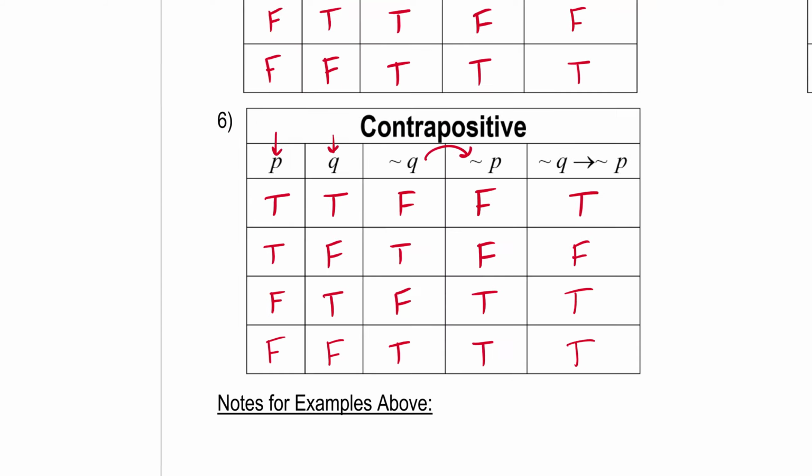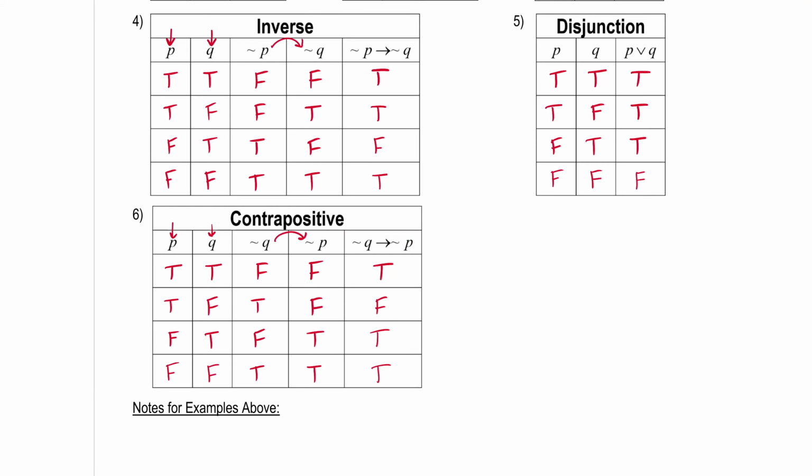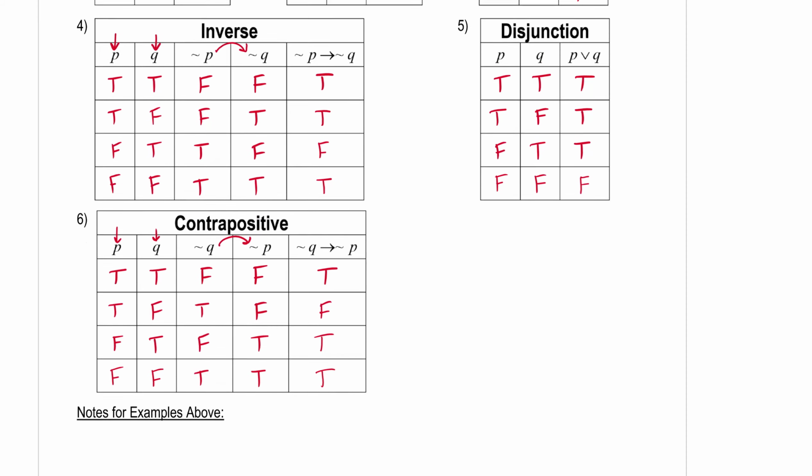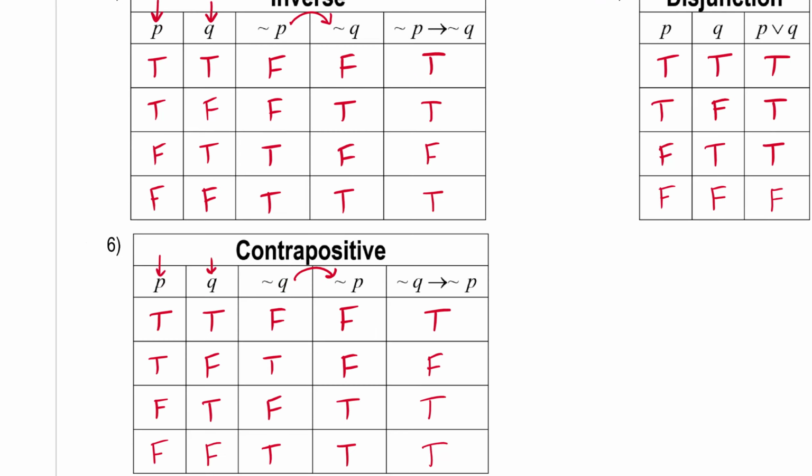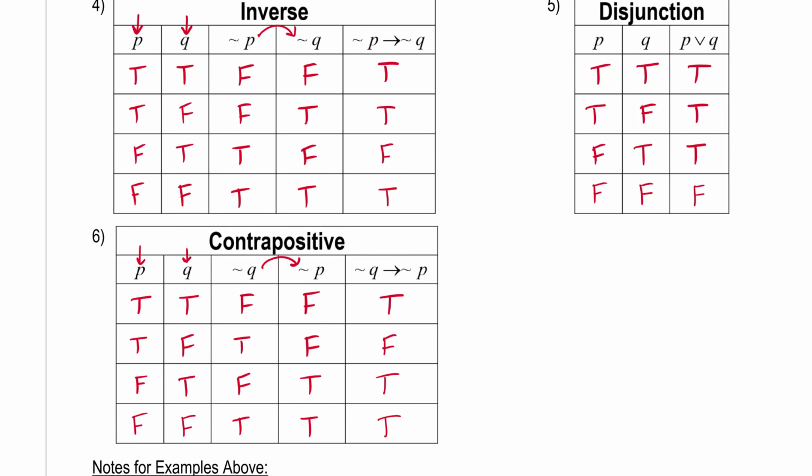Now, if you notice, and you'll want to pay attention to this on the homework also, on these longer truth tables, the ones that go out further, like the inverse and contrapositive, I label what's called a header row, the top where it has the P, Q, not P, and so on.